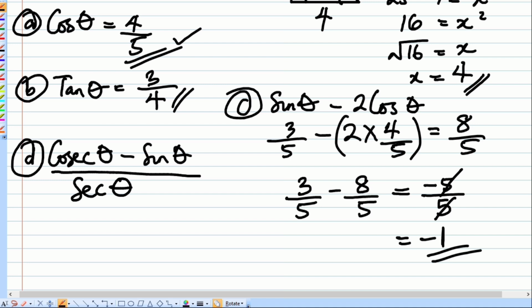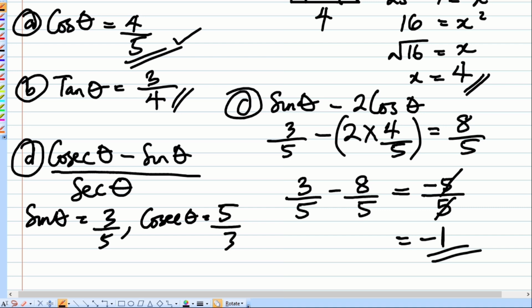You know that if you have 2/1, the inverse of 2/1 is 1/2, right? So cosec is when you get sine, you turn it upside down. Remember, it's sine. If you turn it upside down, it becomes cosec. So our sine theta, recall, is 3/5. That means cosec of theta will be turning sine theta upside down, which will be 5/3. So that's cosec of theta.